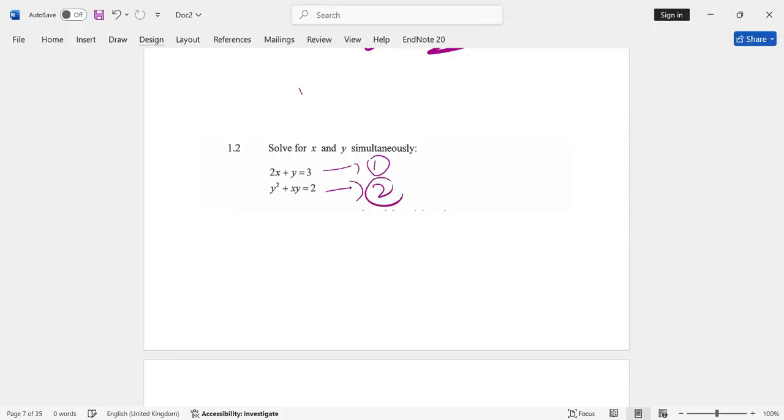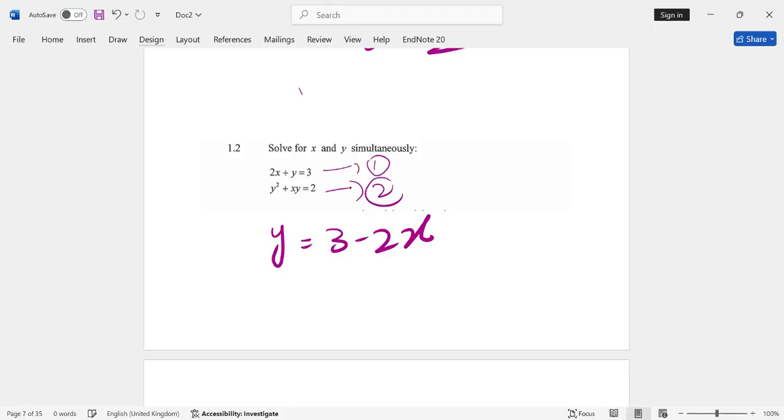I take the value of y from equation 1 and put it in equation 2. So we have y equals 3 minus 2x.